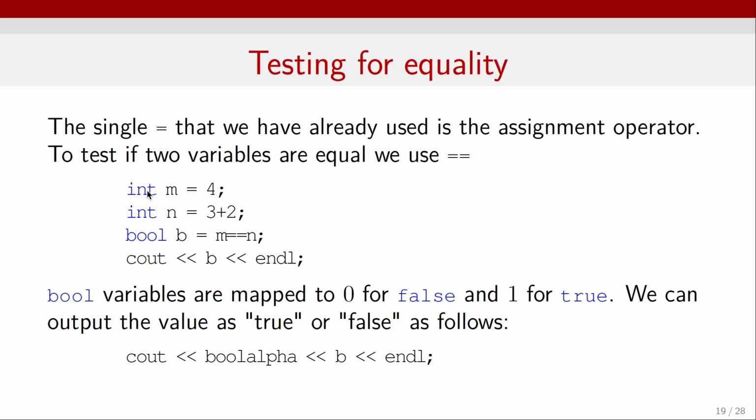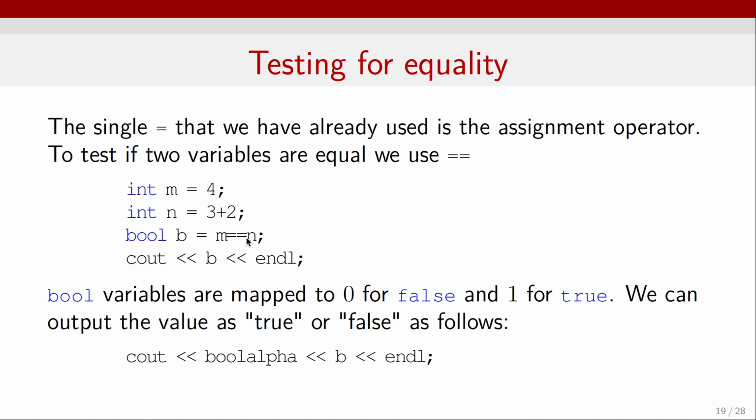So here I have int m equals 4 and integer n equals 3 plus 2, and then I want to check if m equals n. I can define a boolean variable b that is equal to m equals n. So that is a test.